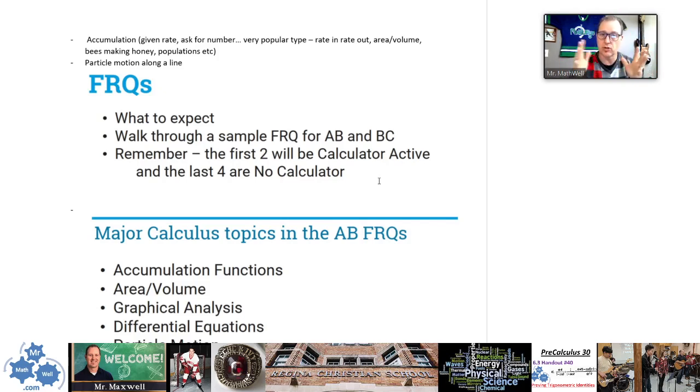Okay, half an hour to do the 2. Then you will be called to stop, to put down your calculators, and move on to the next section. Well, here's the thing. You have 4 where there's no calculator allowed, but once you start those 4, you could actually go back if you had to and finish 1 and 2, but you just don't have a calculator to finish. You get it?